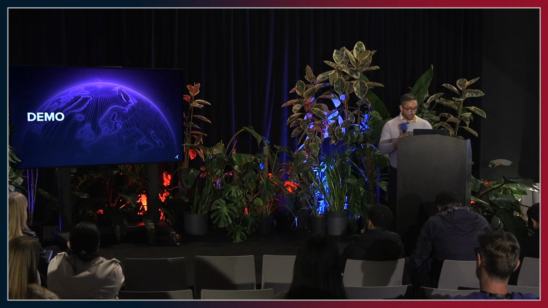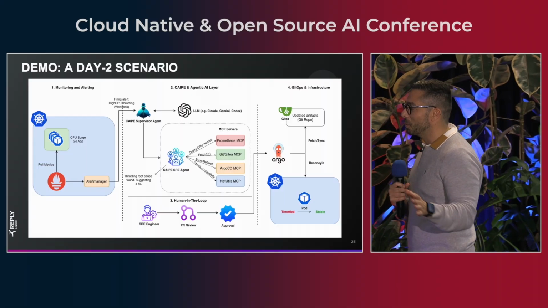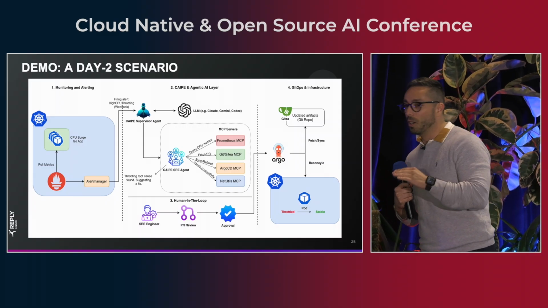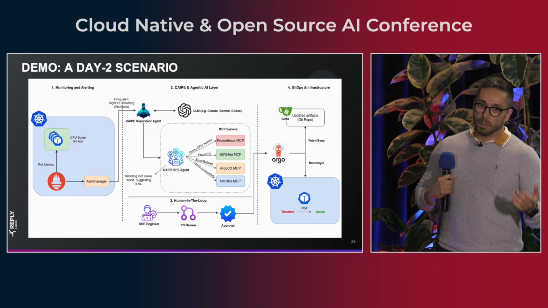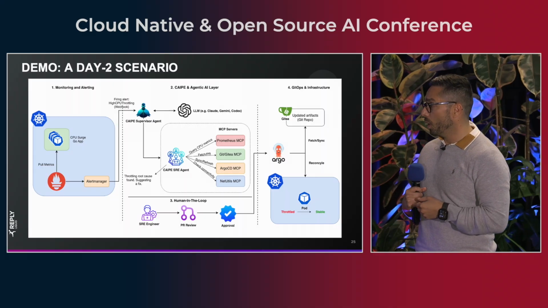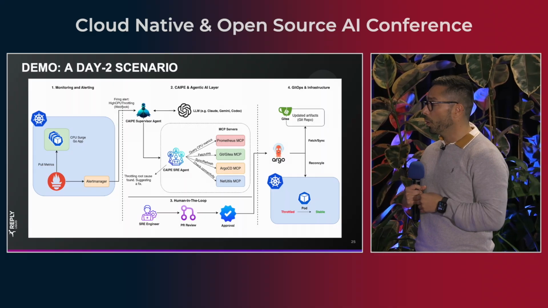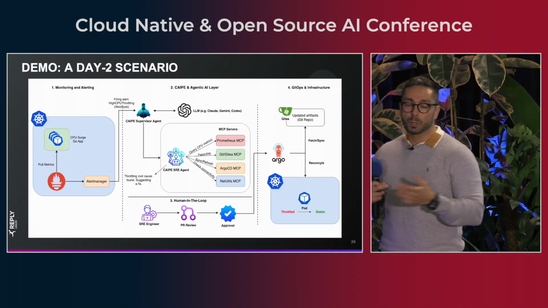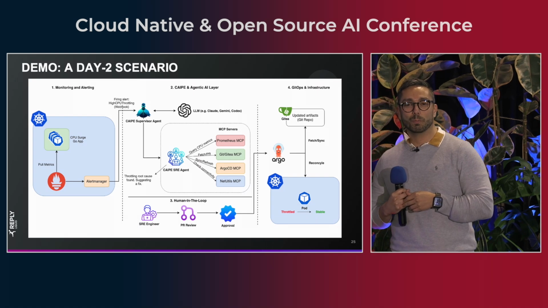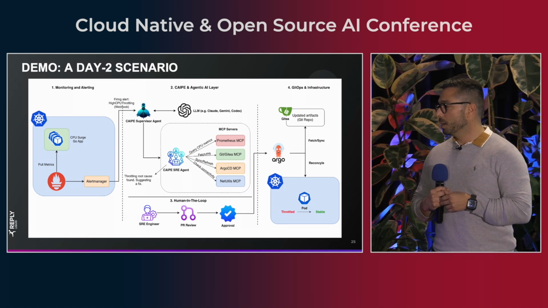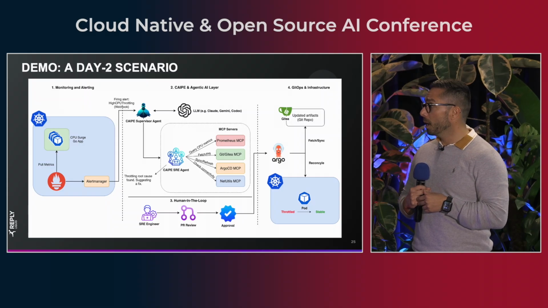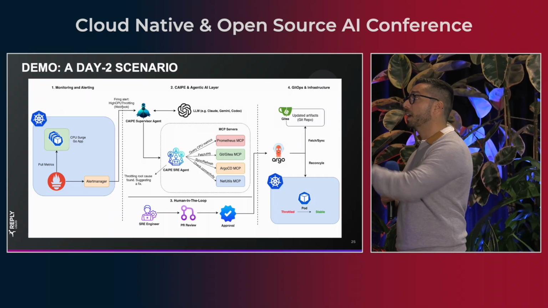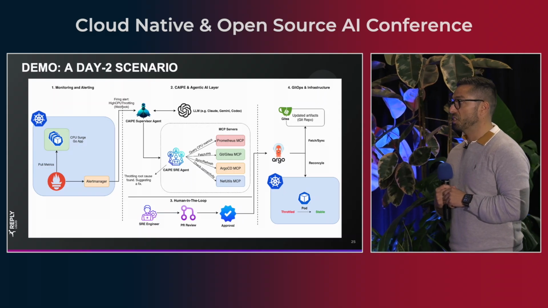I will quickly go to the demo. It's exactly what happened to me, but something easier. There's a call in the middle of the night. A classical Go application is going through CPU throttle. As a good platform engineer, we have written all the good alerting rules, and Prometheus is firing one of them, and Alertmanager is directly sending it to the KP supervisor agent.